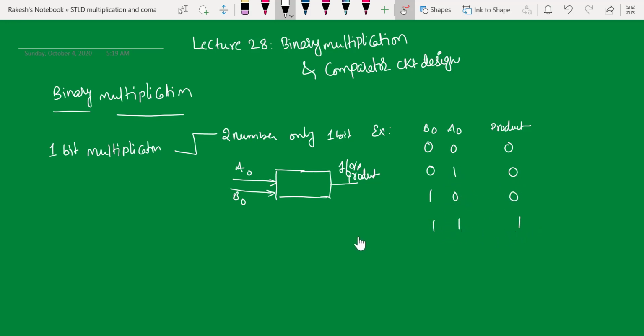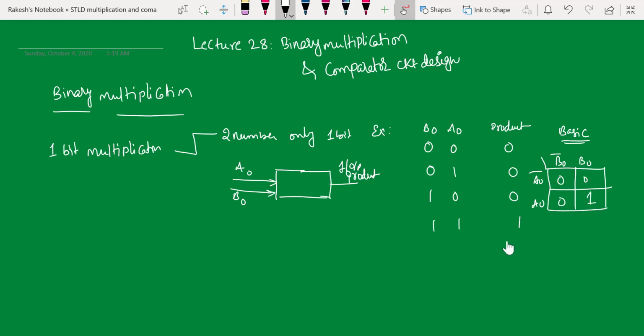So if my inputs and outputs are clear, my truth table is ready, I am going to use basic gates for my combination logic circuit. In this case, if I try to write a K-map for my product term, this is my A0 bar and A0 and B0 bar, B0. If I write it, it will be 0, 0, 0 and 1.